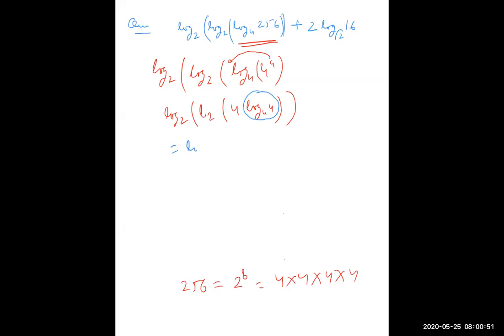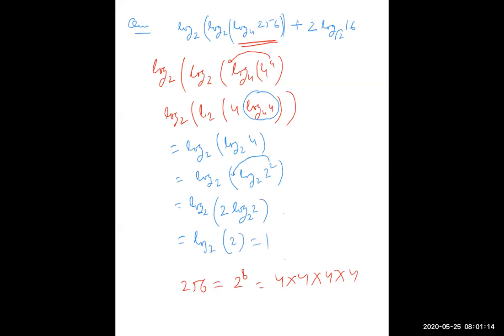So this is log 2 of 4, which is again log 2 of 2 squared. So this 2 will come in front, and you can write it as 2 log 2 of 2. So this is equal to 2, and log 2 of 2 is equal to 1. This part is 1.